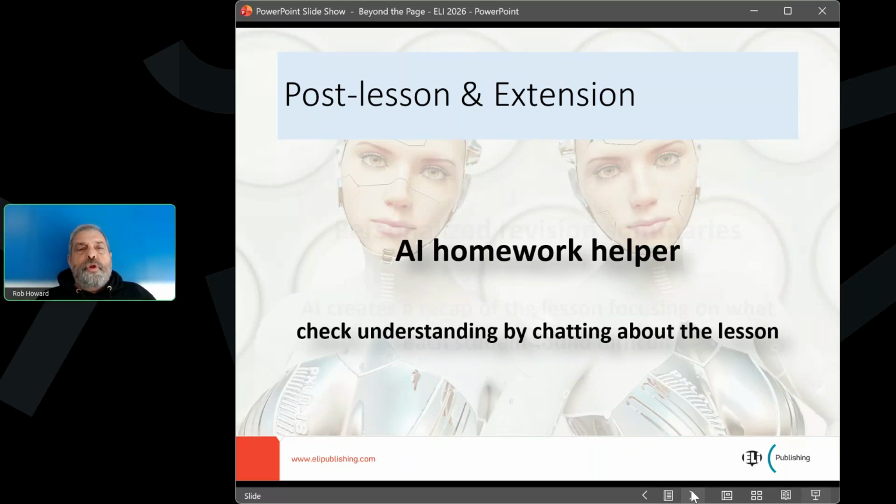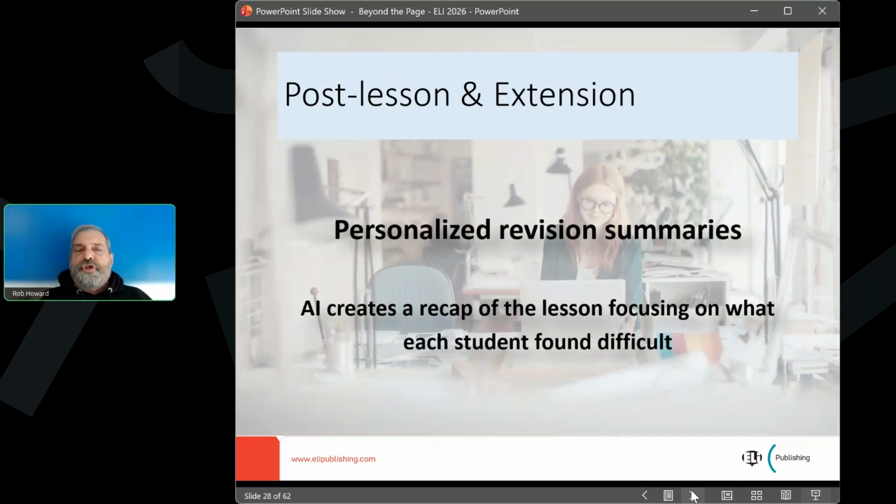Now, next one, personalized revision summaries. This is where you can actually generate and personalize some extra work based on what your students are having difficulty on. Now, when we go back to the quizzes that we did, we'll find out where they were having trouble.